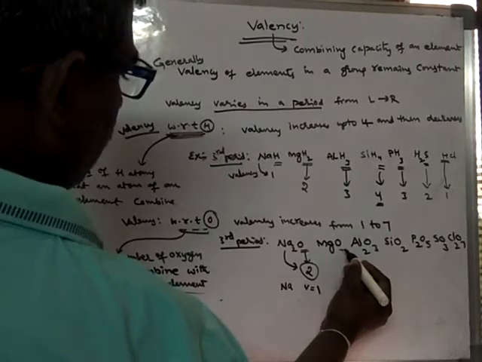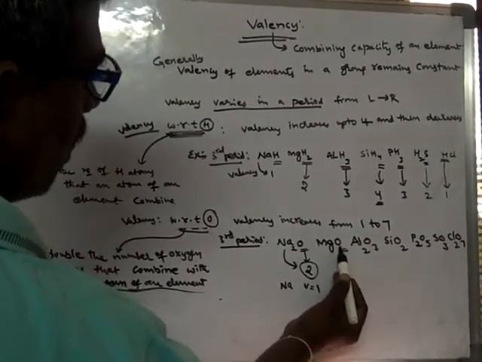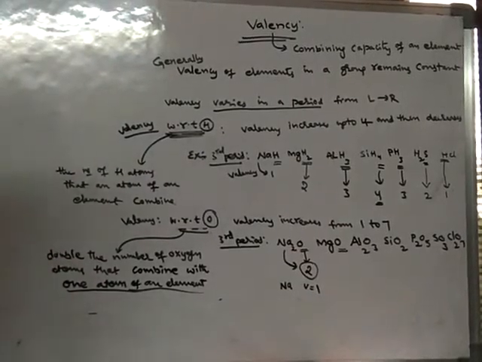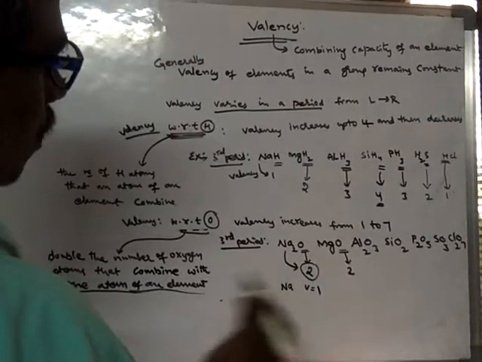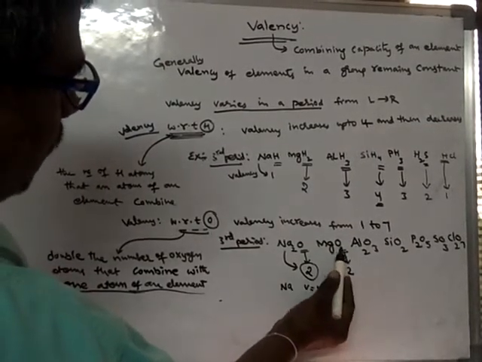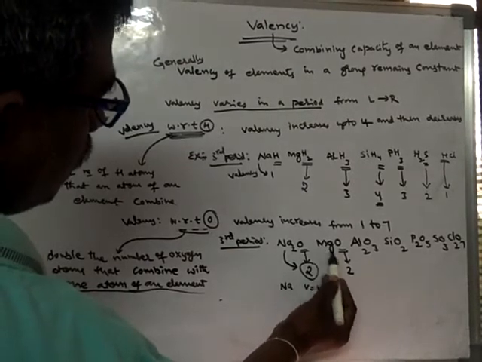Now here, let us see. Double the number of oxygen atoms. How many oxygen atoms are there? Only 1. So double that number, 2. With 2, how many magnesiums are combining? Only 1 atom.